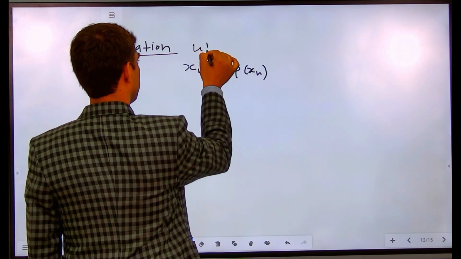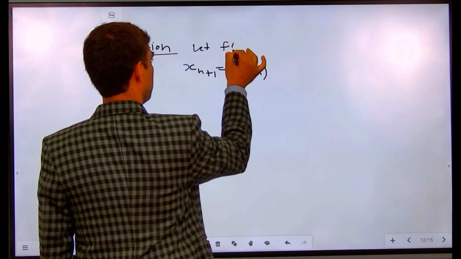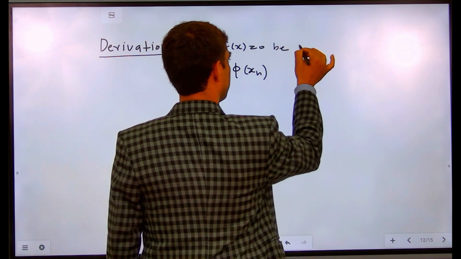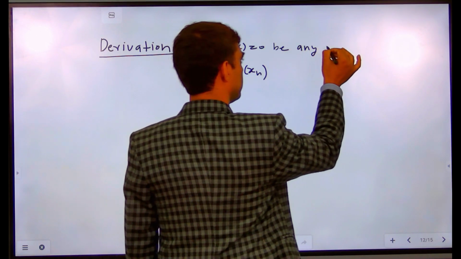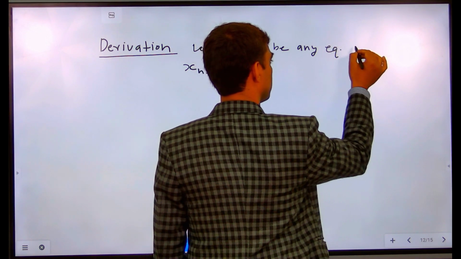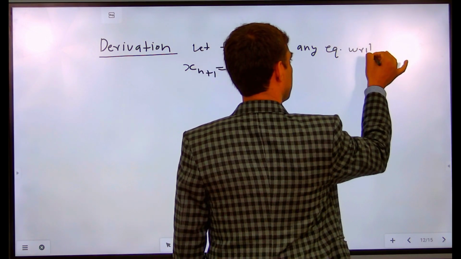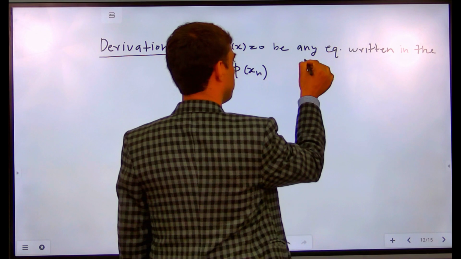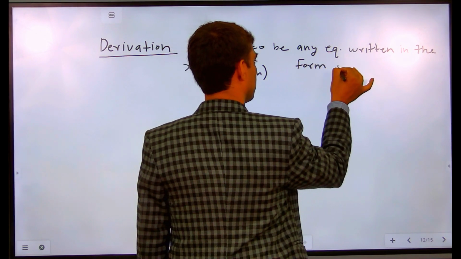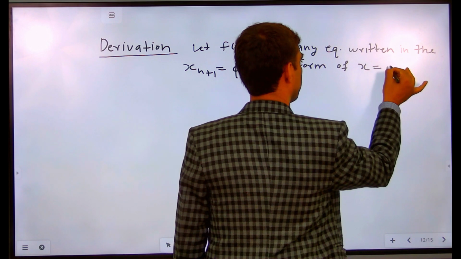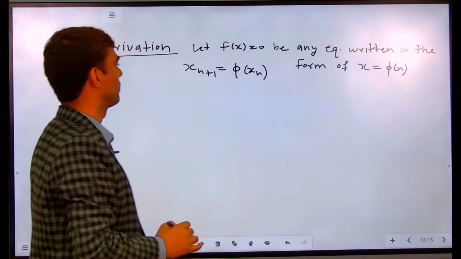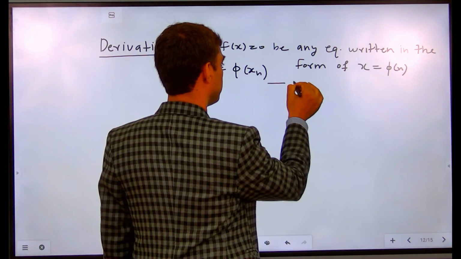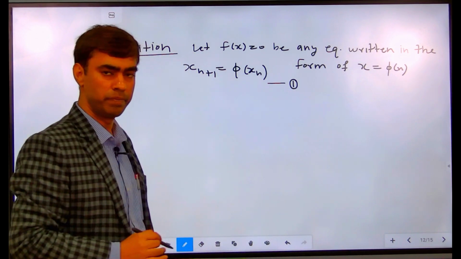Let f(x) = 0 be any algebraic or transcendental equation, written in the form x = phi(x). And the iterative scheme is x_{n+1} = phi(x_n). This is the iterative scheme of the fixed point method. Suppose this is equation number 1.